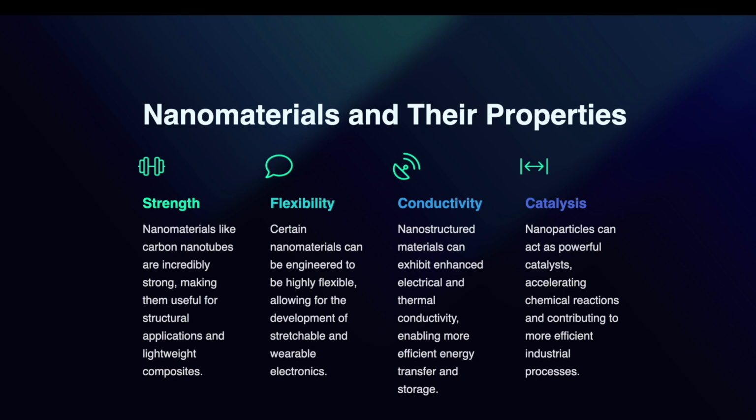Now who can improve that? Nanotechnology. What can improve that? Nanotechnology. So this is the power of nanotechnology, this is the power of science, and this is the power of physics. Okay, and that is why there is a lot of research going on.